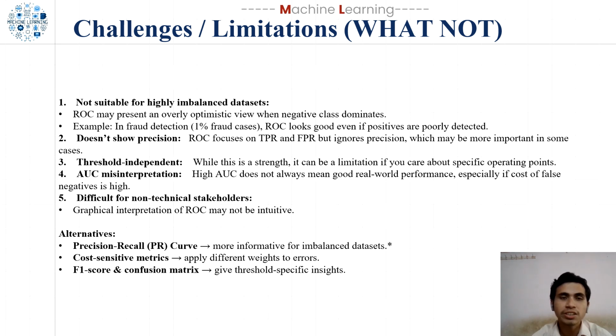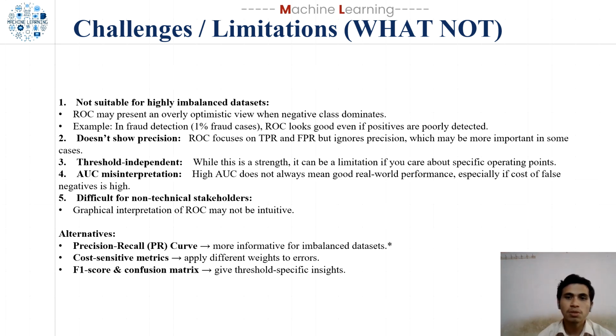The second is that they do not reflect precision. They measure sensitivity versus the false positive rate, but they ignore how many predicted positives are actually correct. The third is that it is threshold independent, which can be a drawback if we need to show the performance at a specific threshold.